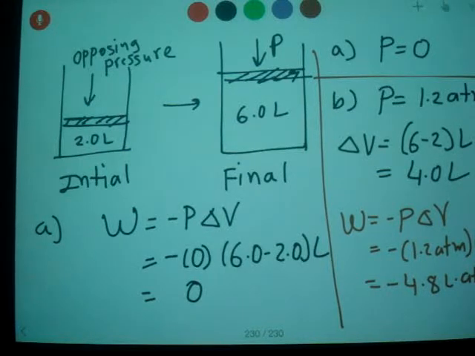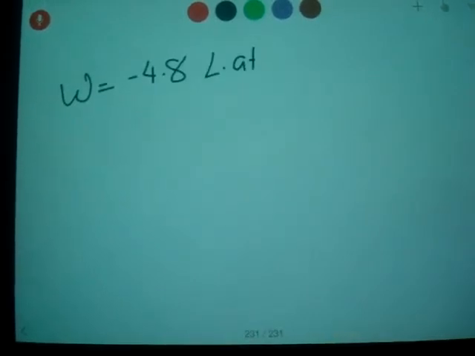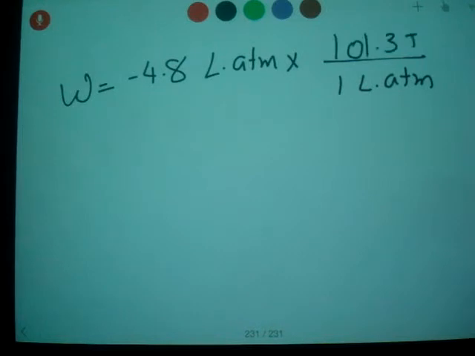Now we need to convert into joules. I'm going to go to the next slide. So we can write W equals negative 4.8 liter atmosphere, and then we know that 1 liter atmosphere is 101.3 joules.